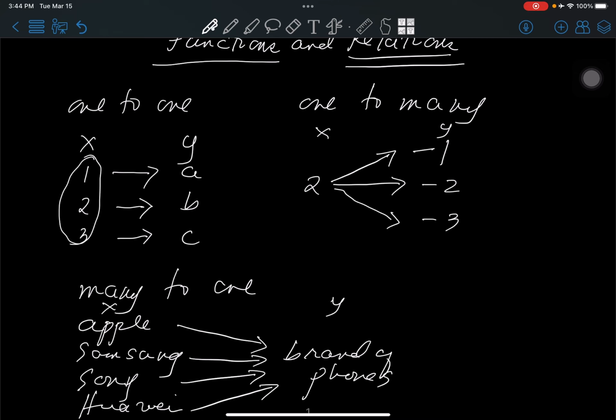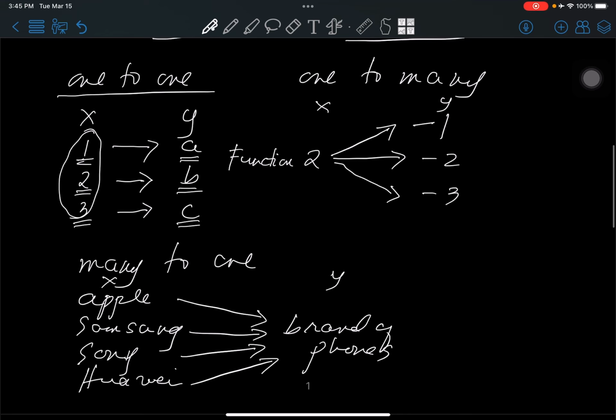So here, one-to-one correspondence is a function. Why? Because we have 1 paired to A, then 2 paired to B, and 3 paired to C. And our x here is not repeated.